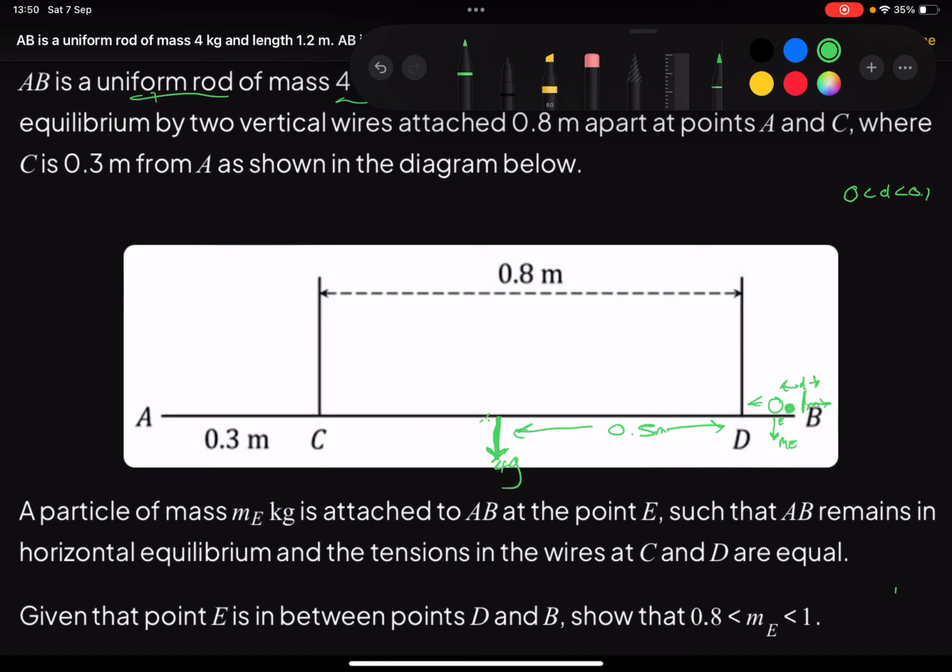So this is the point D and B. It's not exactly at D, or exactly at B.